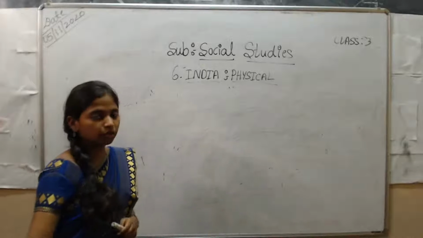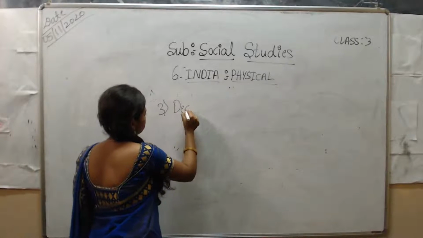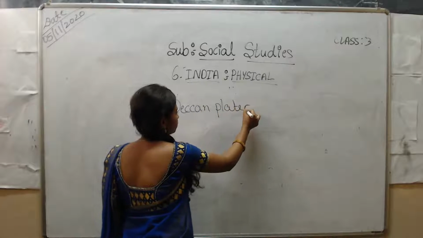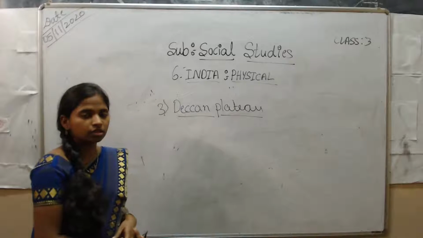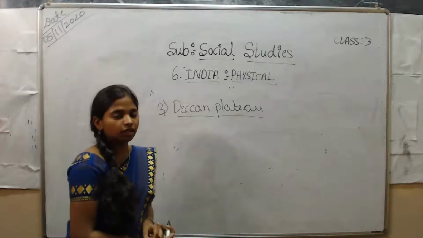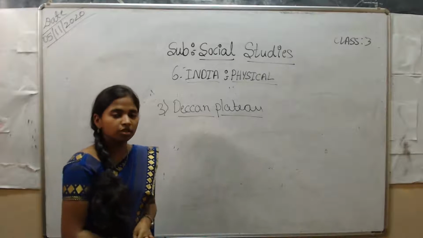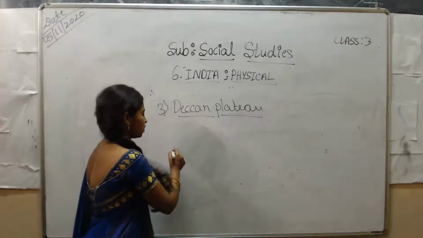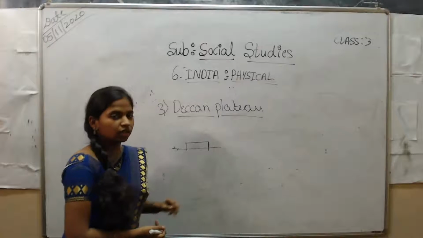And what was the third one? Yes, Deccan Plateau. What do you mean by plateau? I have told you now. Plateau means a piece of land that is higher than the land below. It resembles a table, so we can also call it a table land. There will be a flat land, and above it a land that is higher than this flat land.